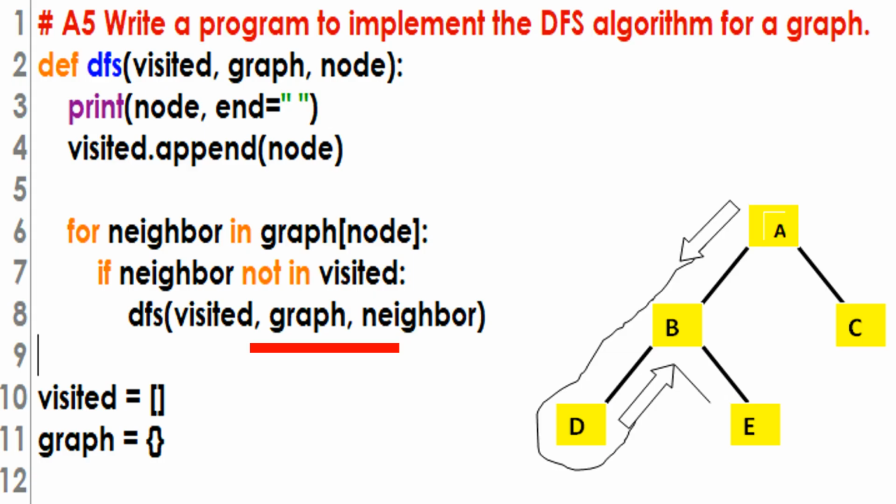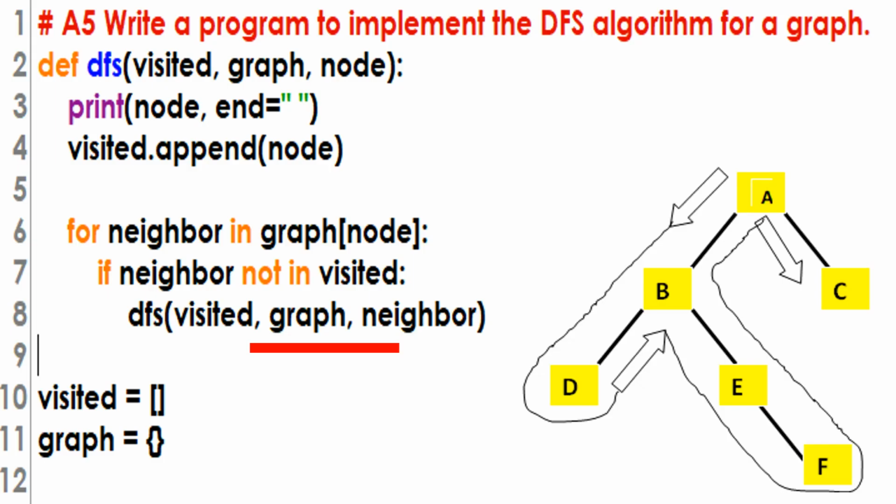E has neighbor F. Output A, B, D, E, F. F has no neighbors, so DFS backtracks again. F, E, B, A means A to B, B to E, E to F. That is the backtracking.